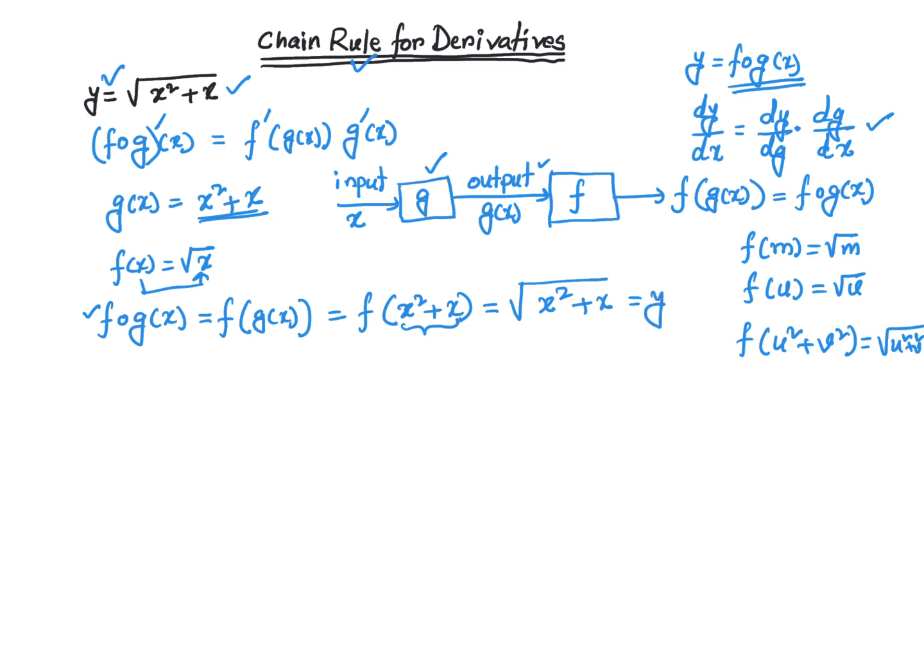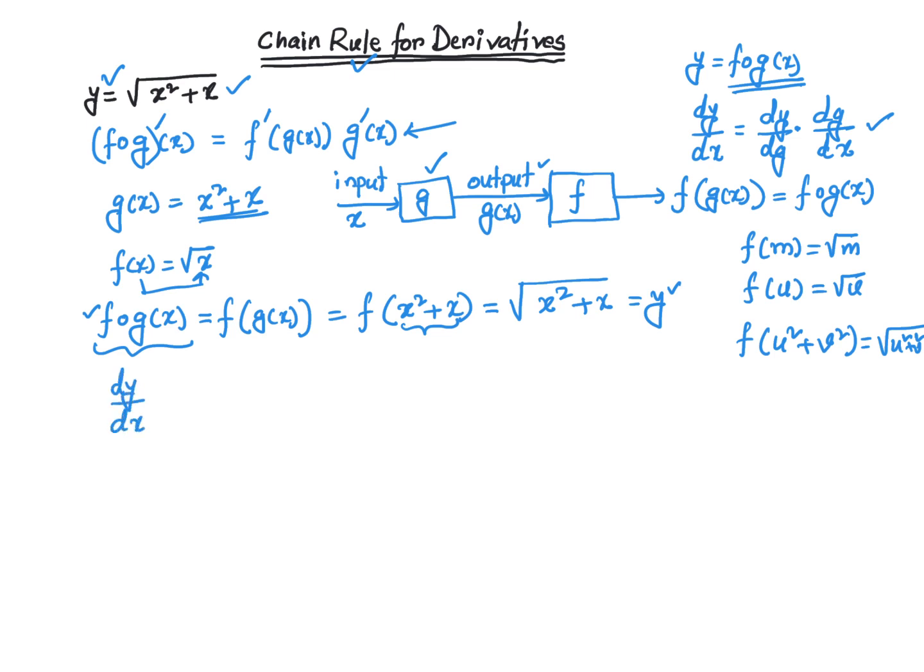So your y is this. Now we have reorganized the function y as a composition of two functions, and now we are going to use the derivative rule for function composition and find the derivative of this function. So that is pretty straightforward.